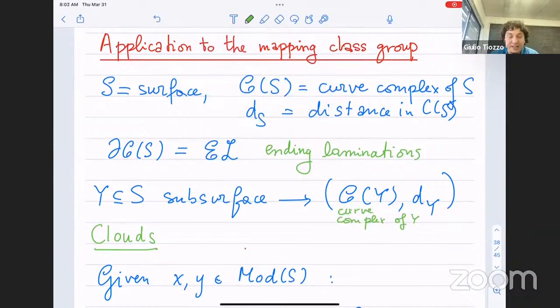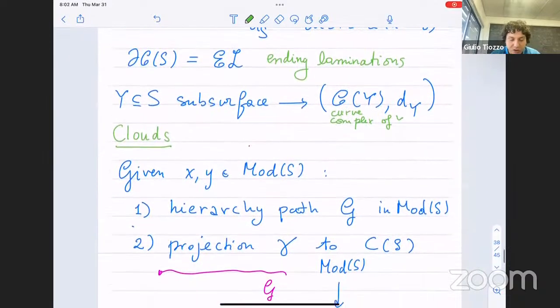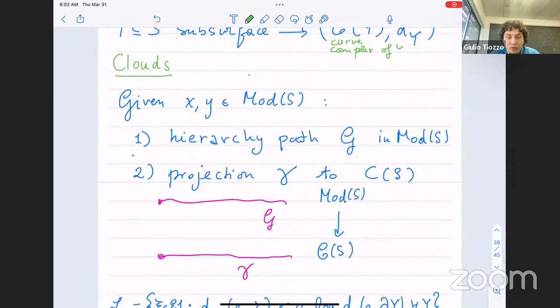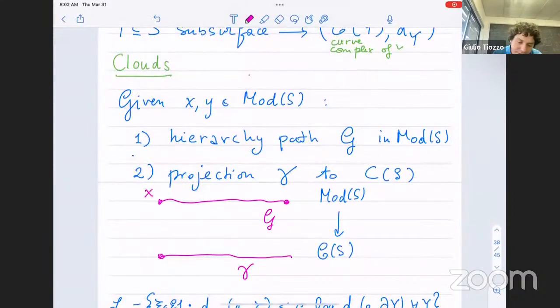And this has some distance, and also it's hyperbolic. Okay, and whenever you start with 2 points in the mapping class group, or in the Cayley graph of the mapping class group, we can pick a path between x and y, but not just any path.